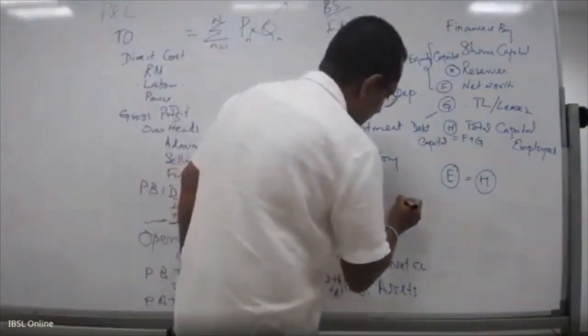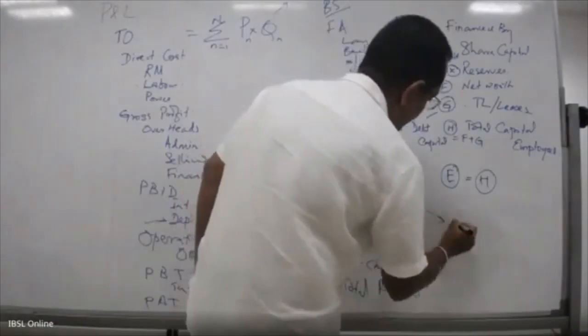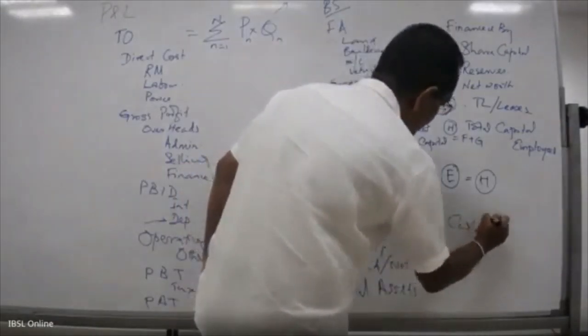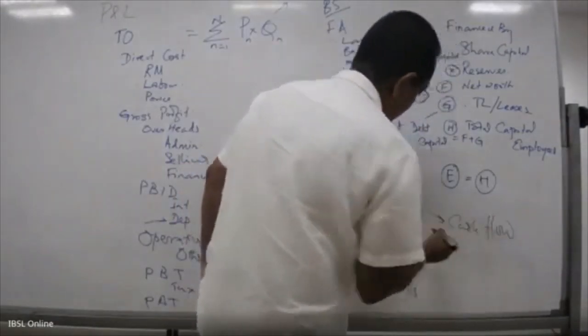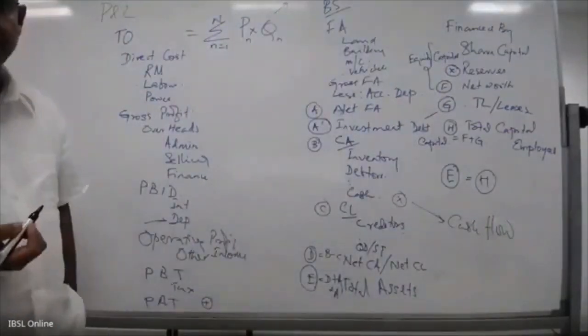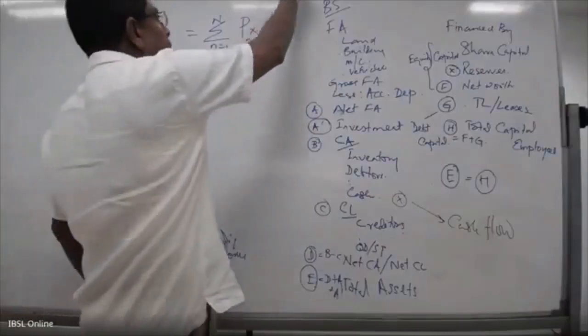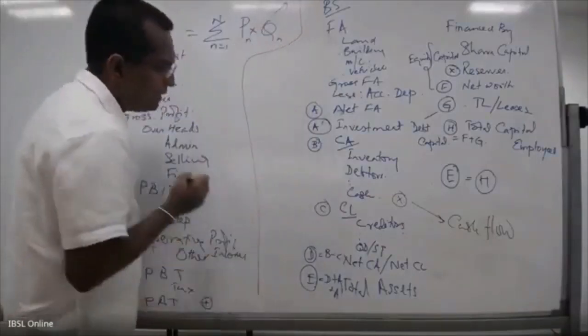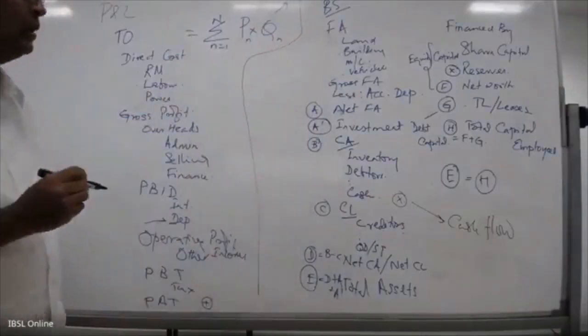Then the balance sheet is linked to the cash flow from the cash position of the balance sheet, right? So this is the P&L and the balance sheet.